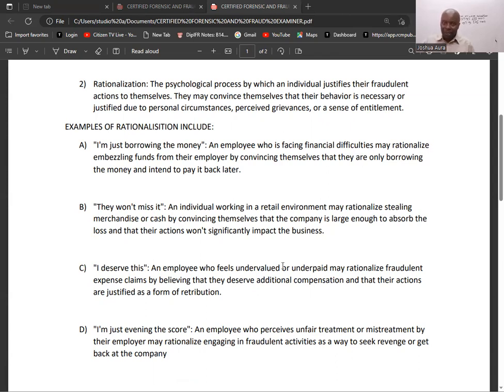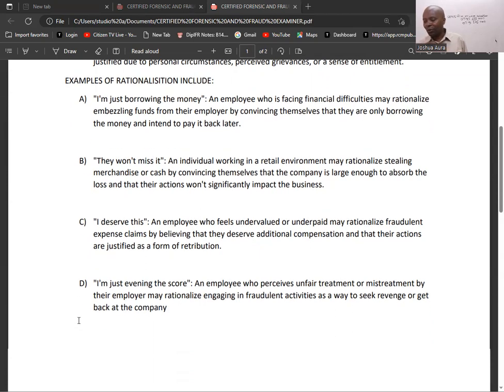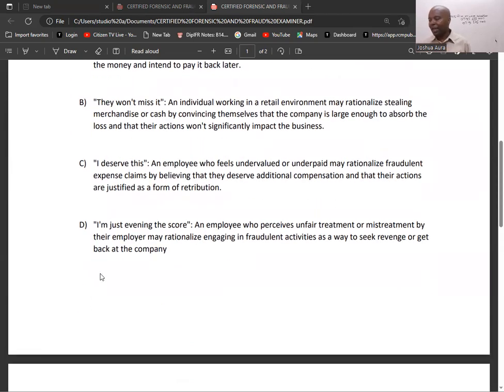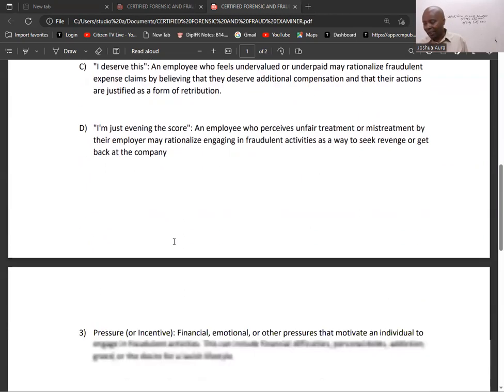So I'm stealing because I really deserve this given the effort that I'm putting in. So we have the concept of settling scores and evening the score. An employee who perceives unfair treatment or mistreatment by the employer may rationalize engaging in fraud as a way to seek revenge or get back at the company.